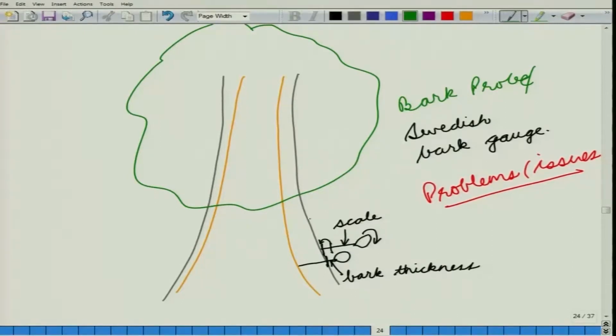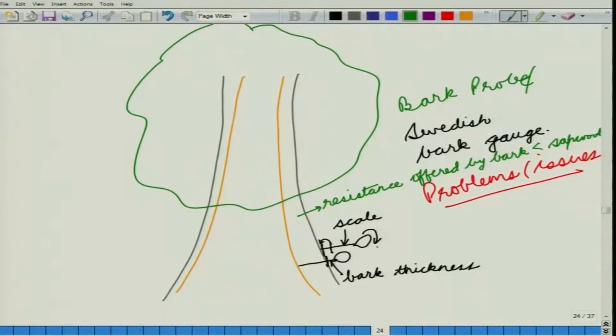The measurement is based on the idea that the resistance offered by bark to these instruments is less than that offered by sapwood, because that is the inside portion, it is the more solid portion of the wood. So, it would give us much more resistance as compared to the bark.